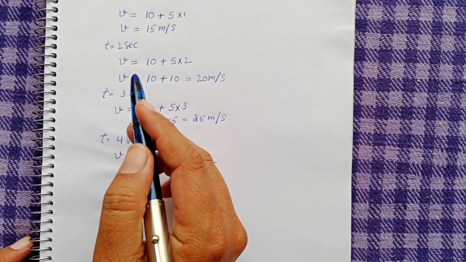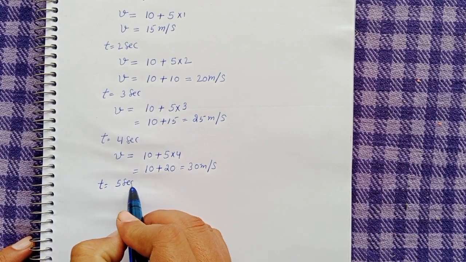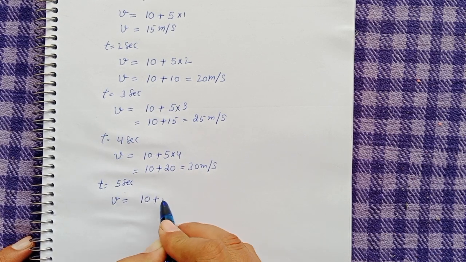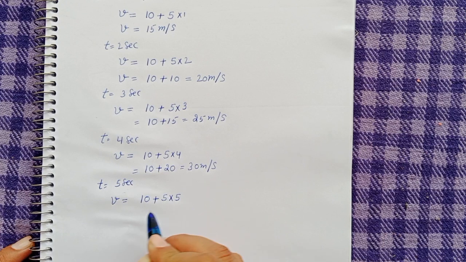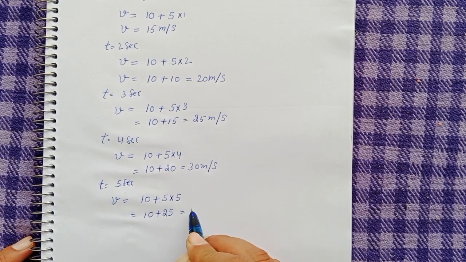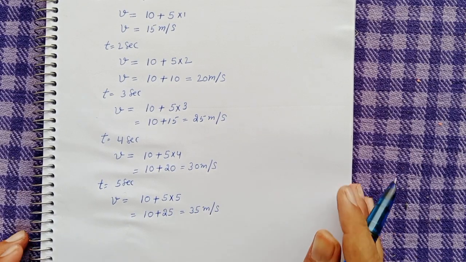Now when the time is 5 seconds, what is the velocity at that time? That is 10 plus 5 multiplied by 5, 10 plus 25, it is 35 meter per second.